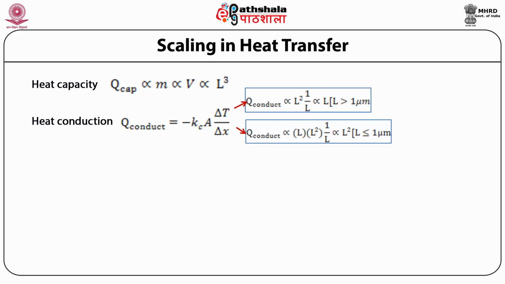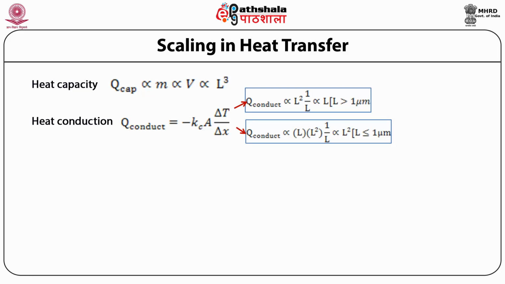Now, if L is less than or equal to 1 micron, then Kc is proportional to L, A is L square, and 1 by delta X gives us 1 by L. So effectively, this Q conduct is proportional to L square.